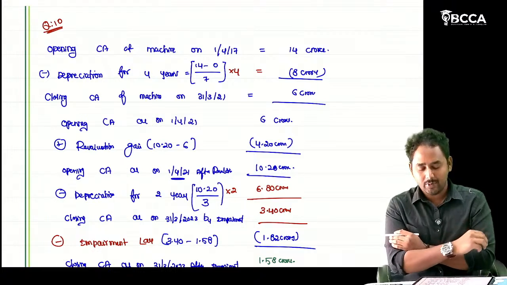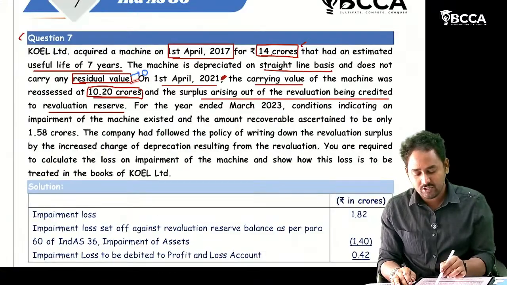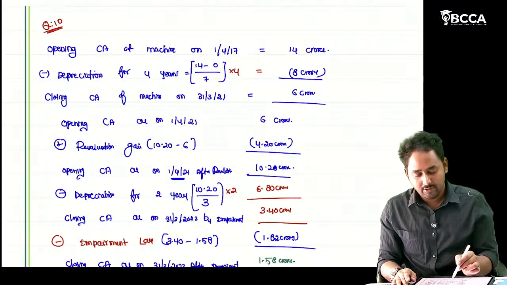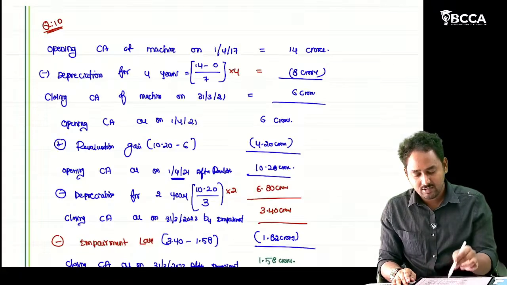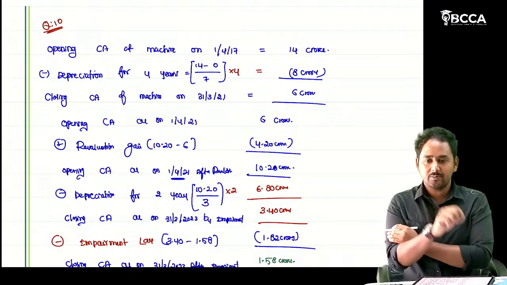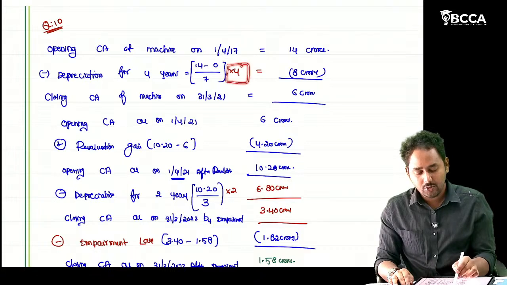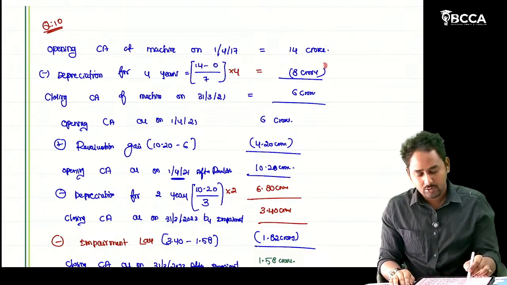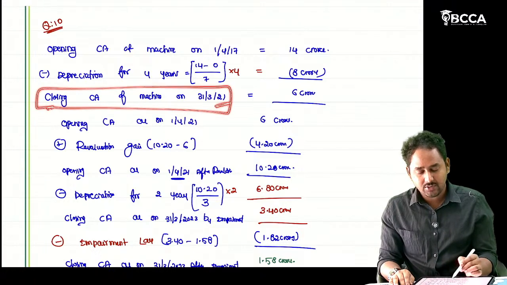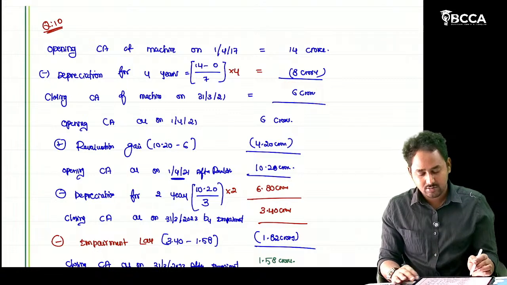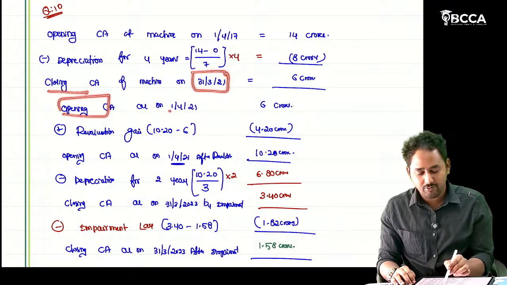Opening carrying amount minus residual value, which is 0 here, divided by expected useful life, 7 years. Then I get the depreciation per annum. For 4 years, multiply by 4, so I get 8 crores. So the closing carrying amount of the machine on 31st March 21 is 6 crores.